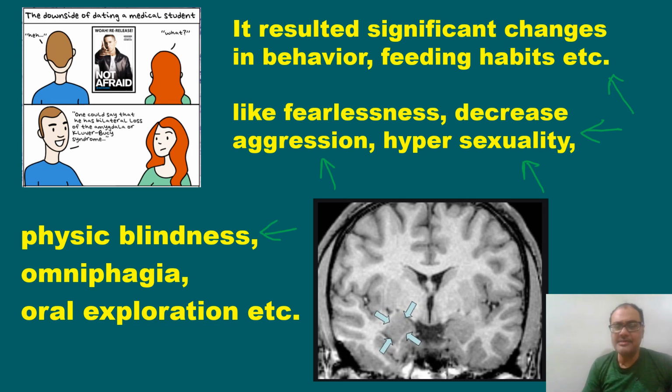Normally monkeys are scared of snakes, but a Kluver-Bucy monkey can pick up the snake and even eat the snake. So eating habits also change towards omnivorous eating, or hyperphagia. Whatever the previous eating habits, it goes towards eating all things. And that animal or monkey tries to explore anything orally, then wanders a bit, comes again, forgets, and again starts exploring even inanimate objects orally. So these are all clinical features of Kluver-Bucy syndrome.